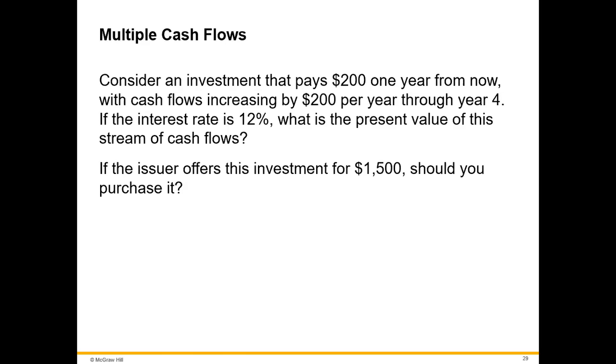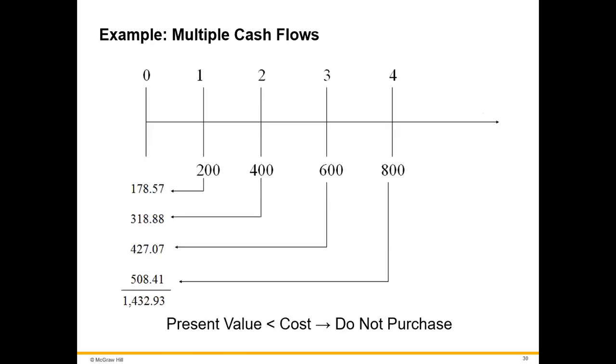Now, there's not necessarily a simple calculation for this, because the future value increases each year. So what you want to do is say, at the end of year 1, how much money will there be? That's $200.